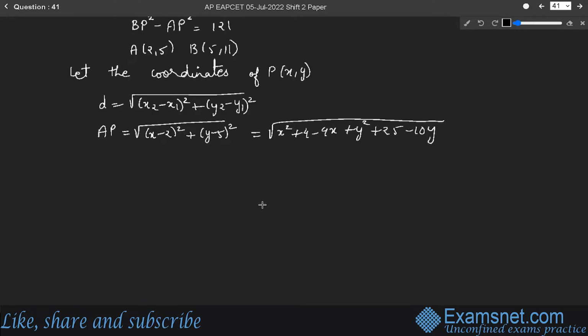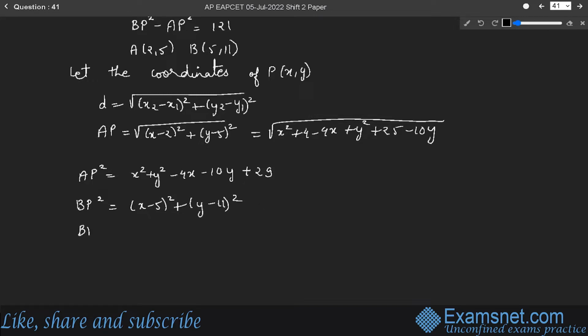Now, on squaring both the sides, we get AP square is equal to x square plus y square minus 4x minus 10y plus 29. Similarly, by using the distance formula, BP square will be equal to (x minus 5) square plus (y minus 11) square. Here there will be no under root because we have already taken the square.